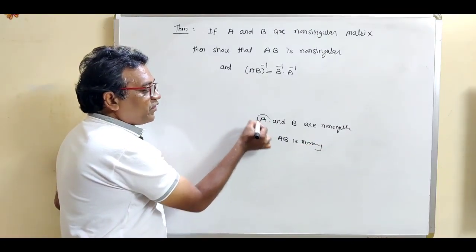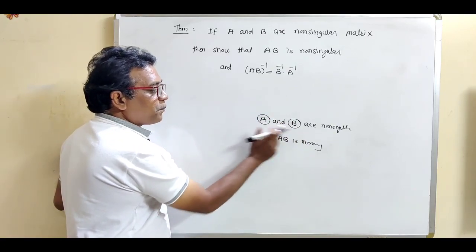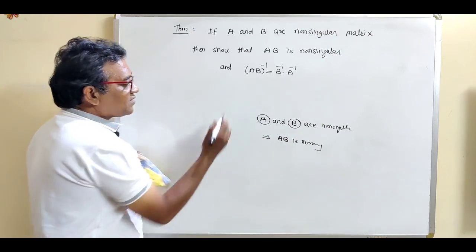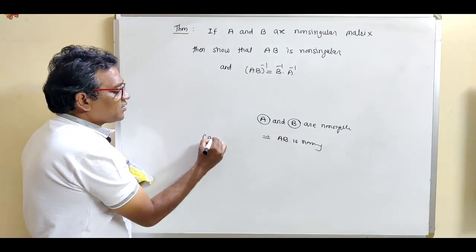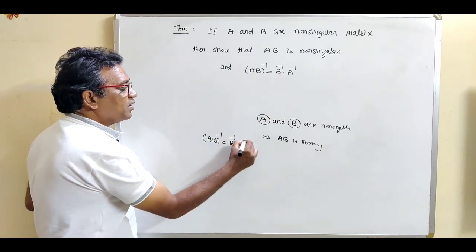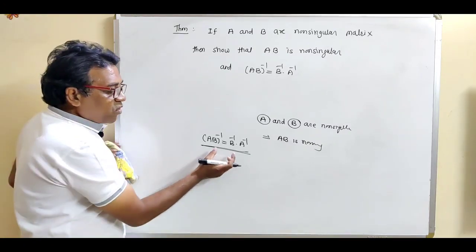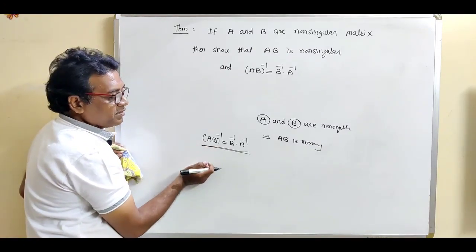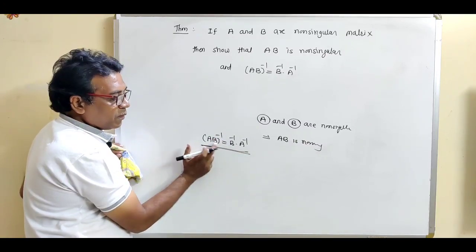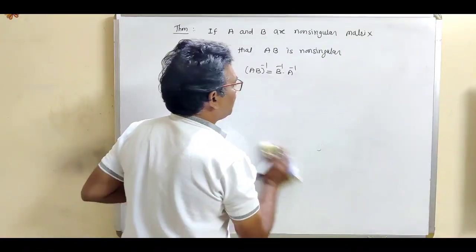We want to show that if A and B are non-singular matrices, then this product AB is again a non-singular matrix. And secondly, prove that this AB inverse is given by B inverse into A inverse. Now this is called the reversal law for inverse. AB inverse is given by the reverse way, B inverse into A inverse. So let us write down the proof.